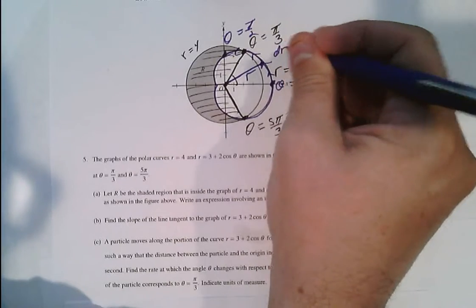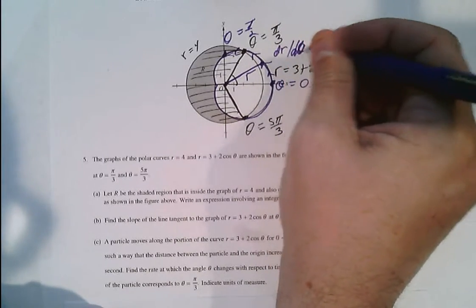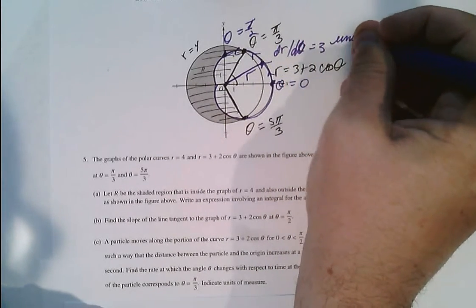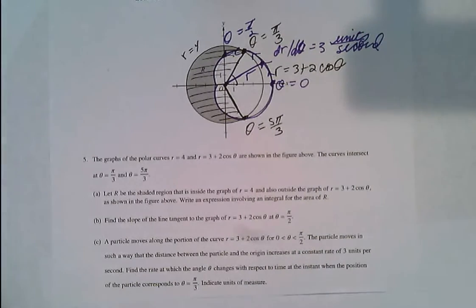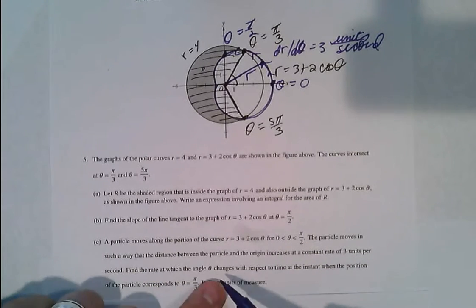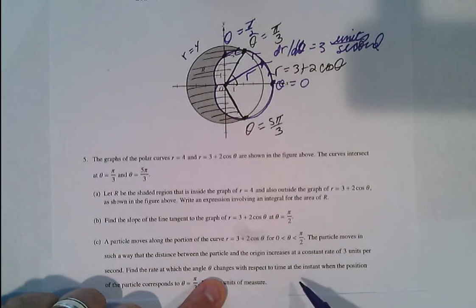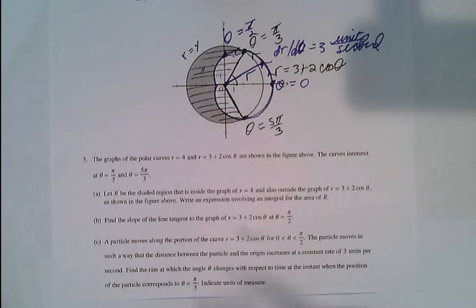So for the particle, dr dt is 3 units per second. I want to find the rate at which angle theta changes with respect to time at the instant when the position of the particle corresponds to theta equals pi over 3.